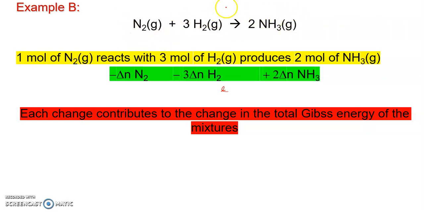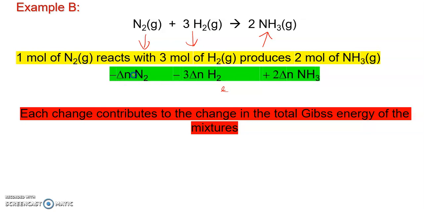So according to our chemical reaction, we can state that this is the change that we will have. Nitrogen will be reduced, hydrogen will be reduced, and the amount of ammonia will be increased. So that's why we'll have this delta. That's what we mean by this one.